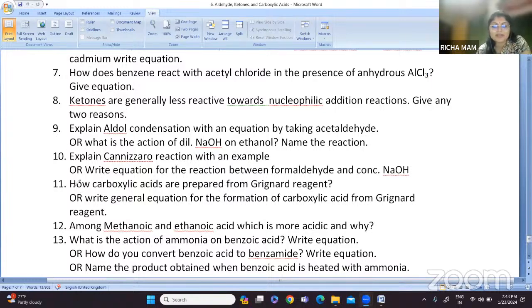So in Cannizzaro reaction, what happens here? Yes, alcohol and sodium formate is correct, you have told me the product.